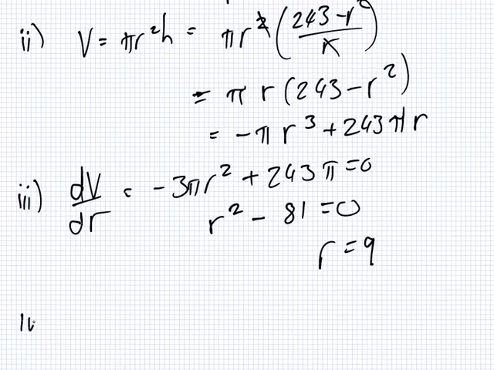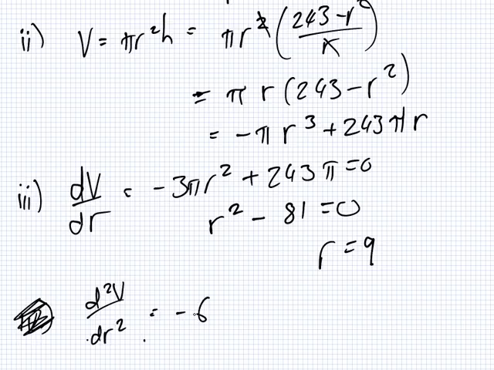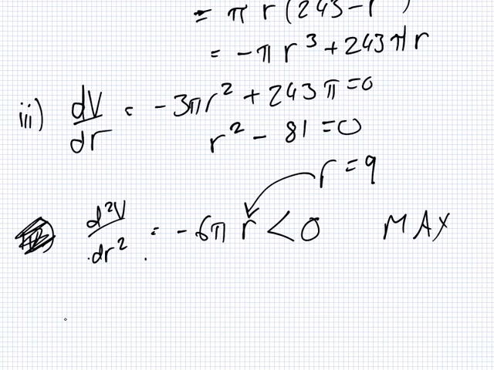Okay, next. Did it ask to confirm it? Well that's okay. The second derivative will be minus 6 pi r, which is clearly negative, which makes it a max, regardless of what the r is. Okay, so the next part now is to find the volume, is it?